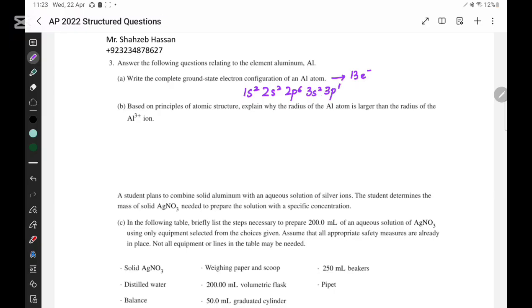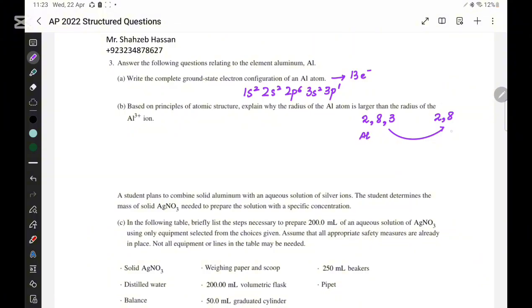For the next question, they are saying based on the principles of atomic structure, explain why the radius of an aluminium atom is larger than the radius of an aluminium ion. You know, the first shell has 2 electrons, the second shell 8 electrons, the third shell 3 electrons. So when it becomes an aluminium ion, it is going to be 2, 8.